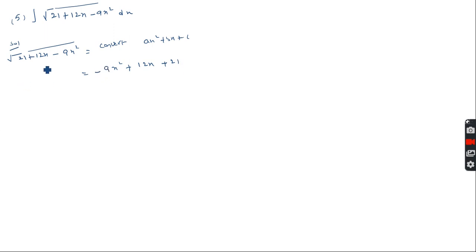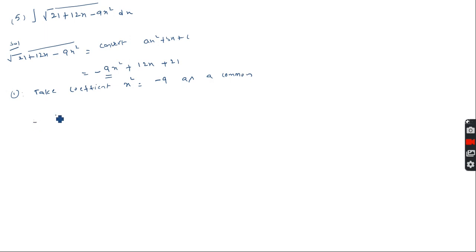So here, what is the first step? Step 1: we take the coefficient of x square. What is the coefficient of x square? The coefficient of x square is minus 9. So take the coefficient of x square, that is a, minus 9, as a common factor.